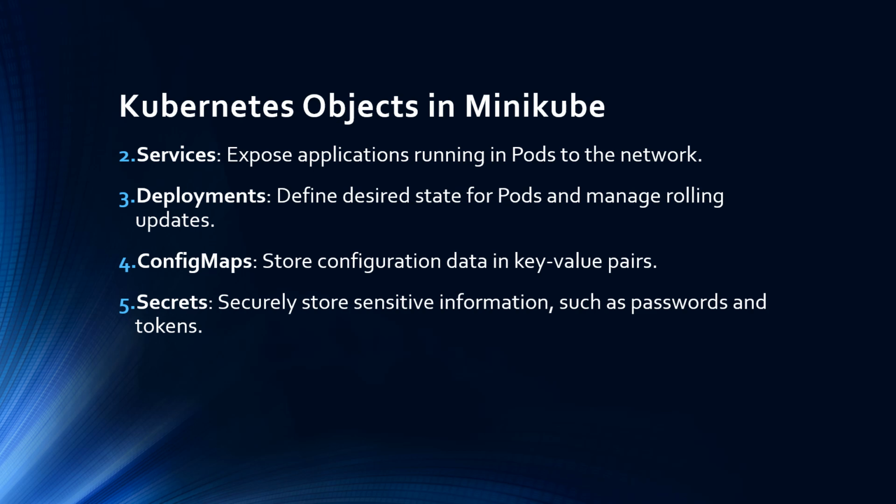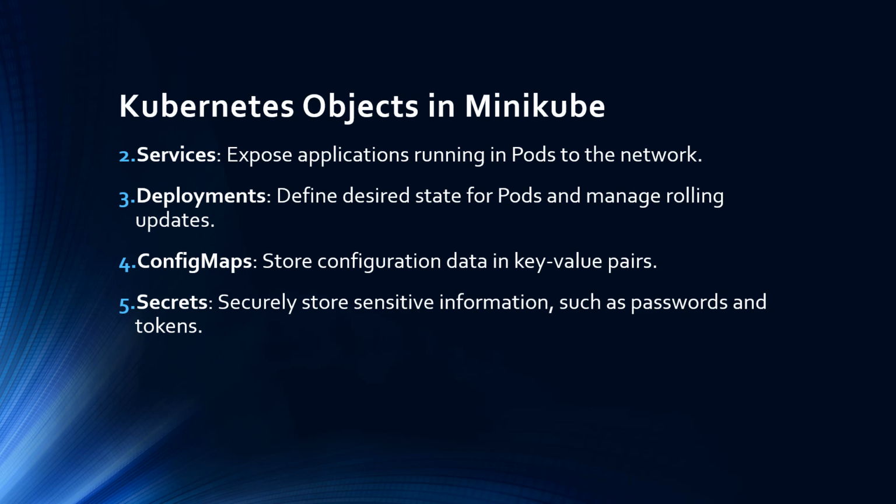Services in Minikube allow you to expose applications internally or externally, test service discovery, practice load balancing, and understand network policies. Deployments provide rolling updates capability, rollback functionality, scale management, and application lifecycle control.